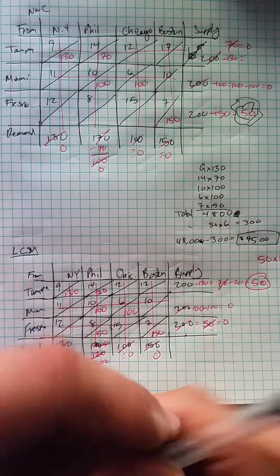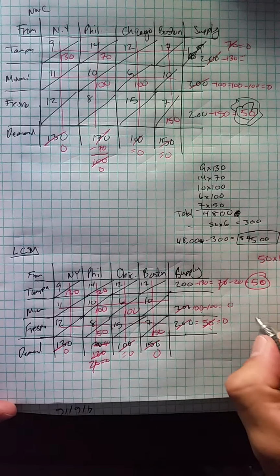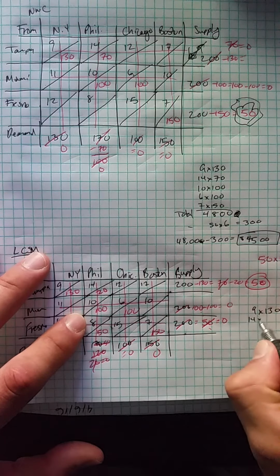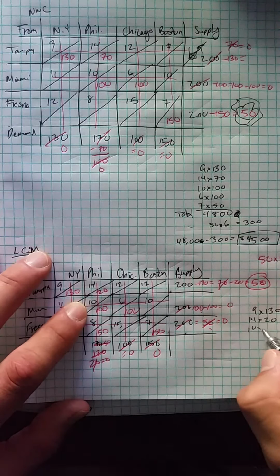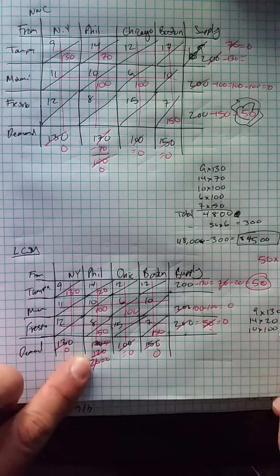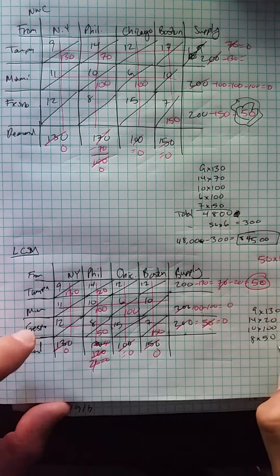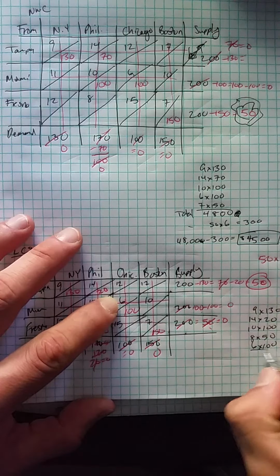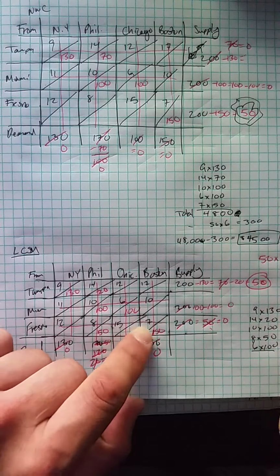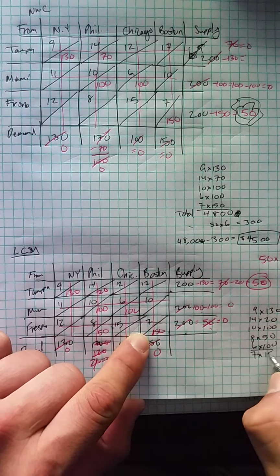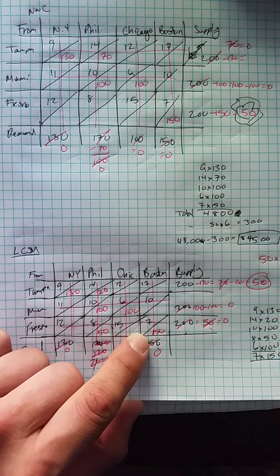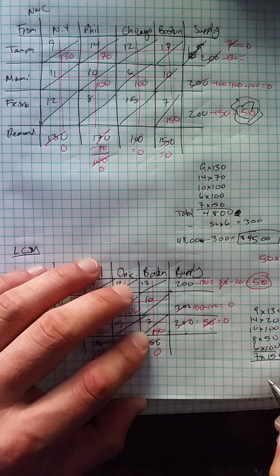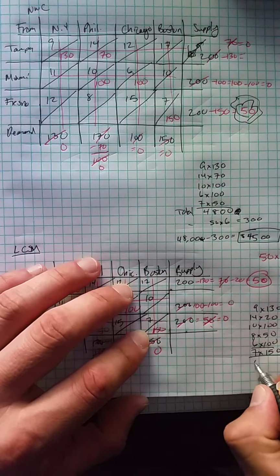So again, it's going to be 9 times 130, 14 times 20, 10 times 100, 8 times 50, and then 6 times 100. And, oh, I forgot this one. And then 7 times 150. And I believe that turned out to be 4,500.